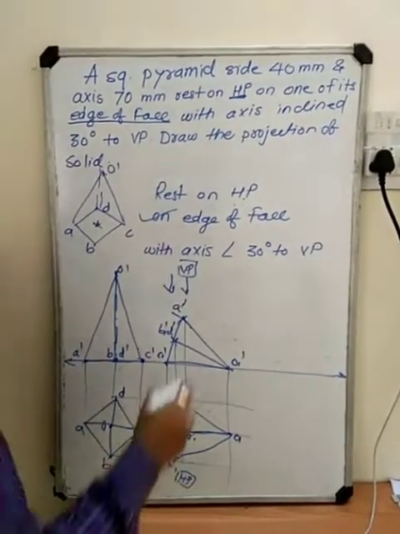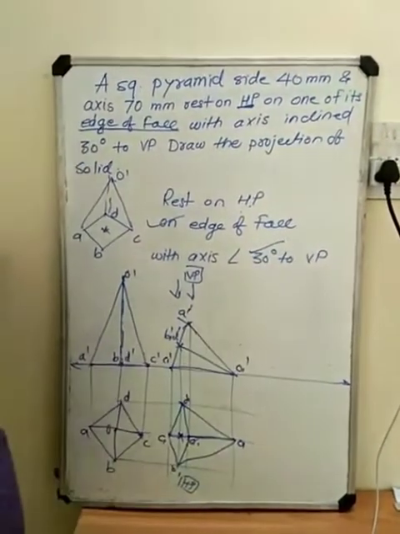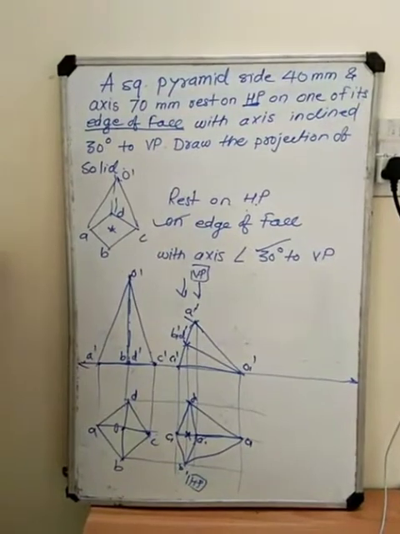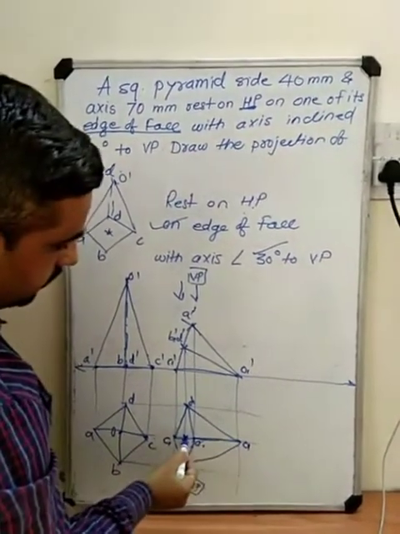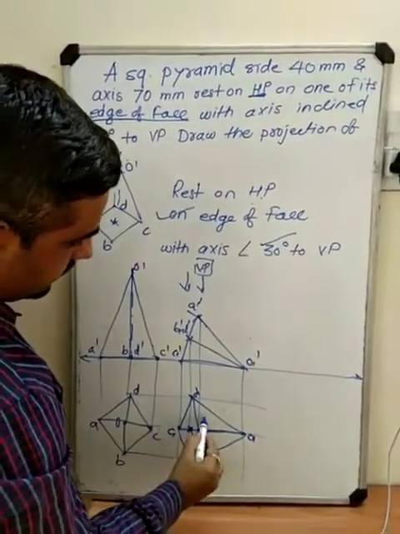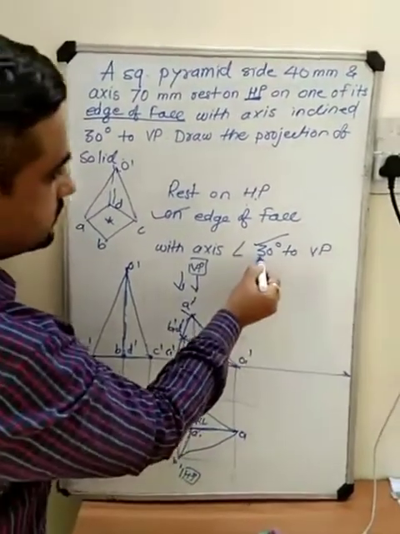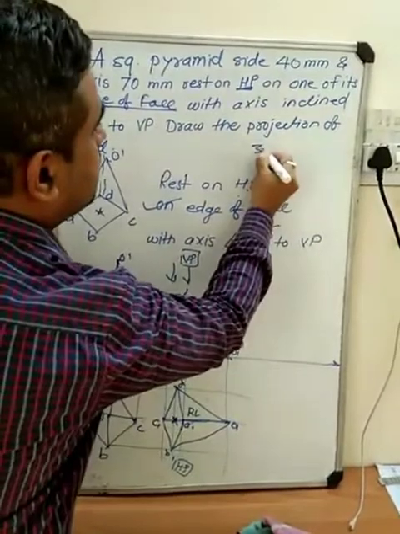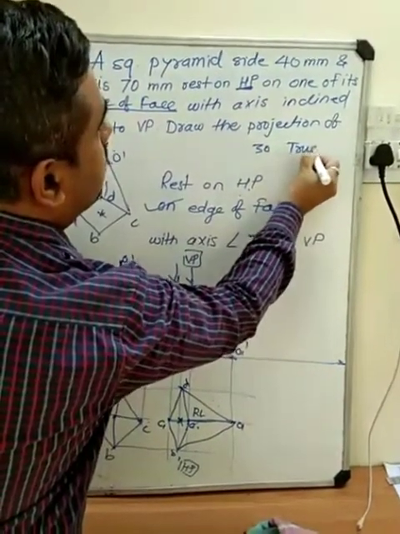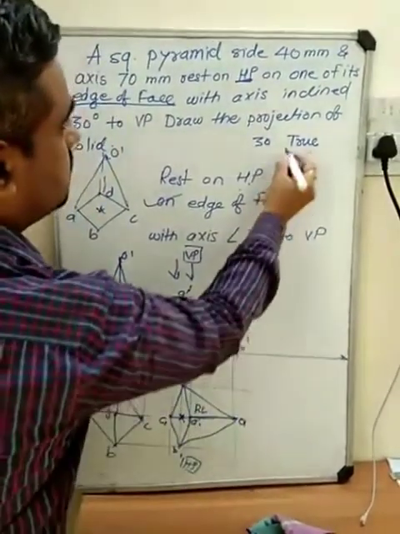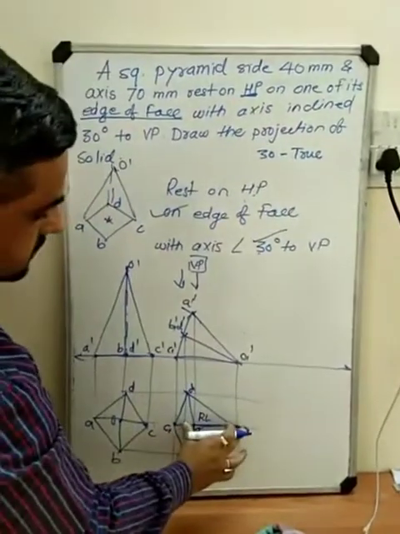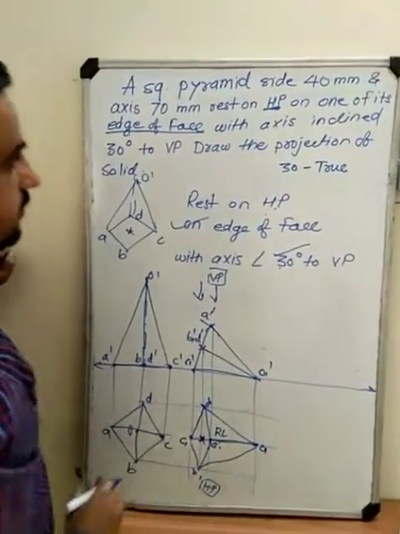Okay, but these angles are the true angles, and here you have only a reduced length. This is not the true length, and this is the true angle. 30 is the true angle and this length is not the true length. So this is the apparent length, so you will have to find the apparent angle.